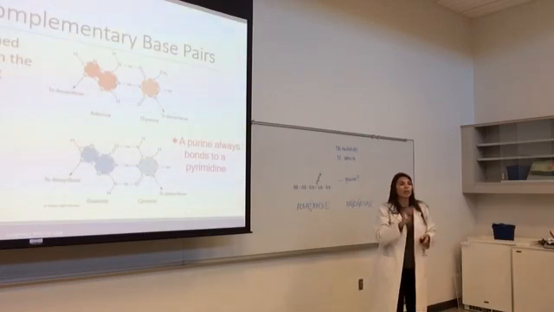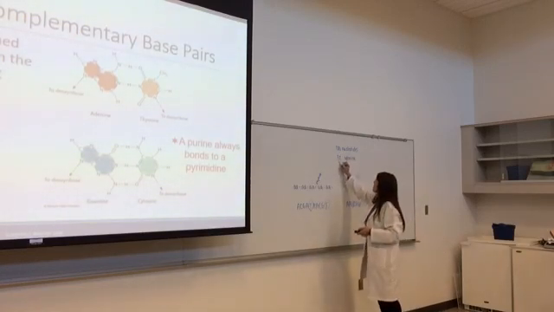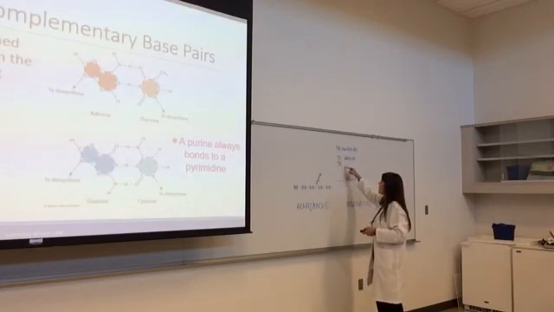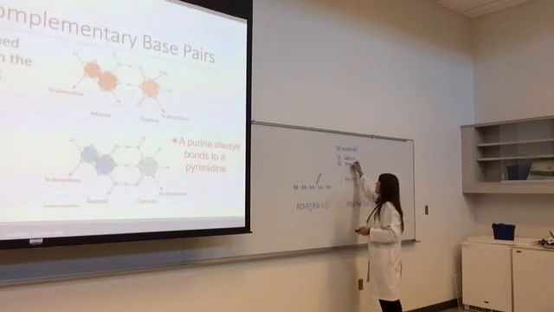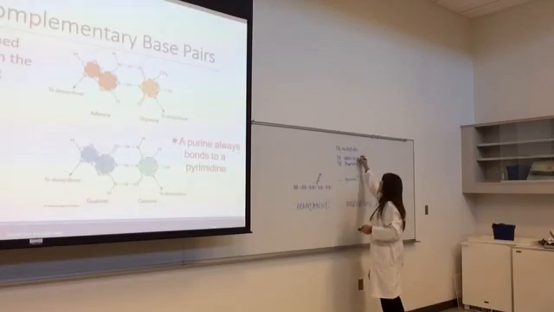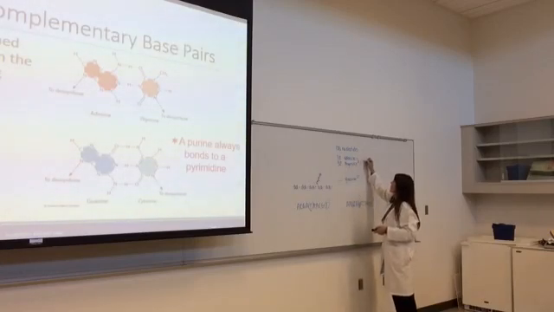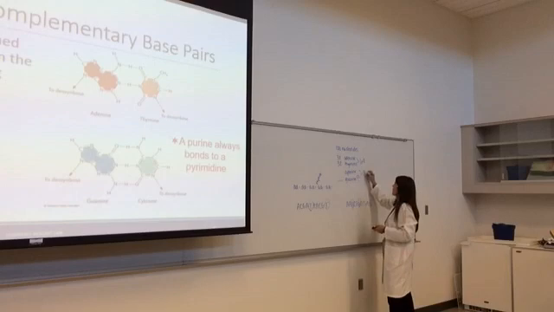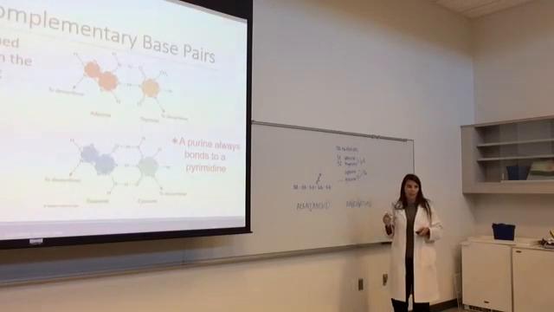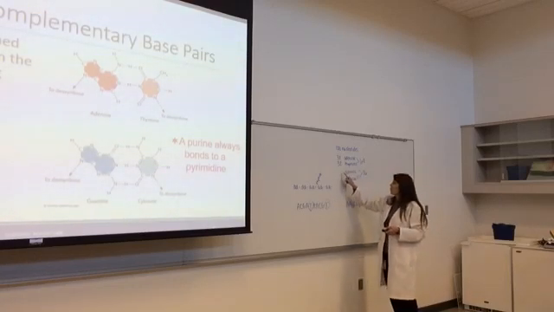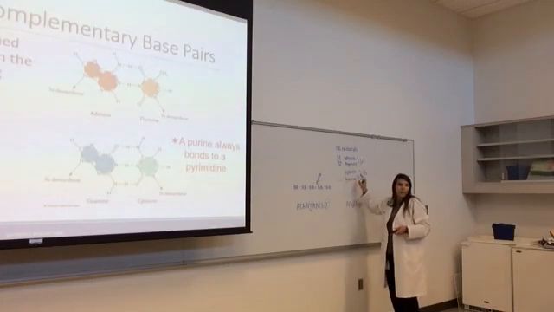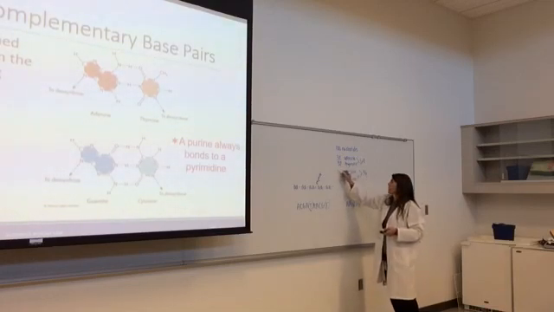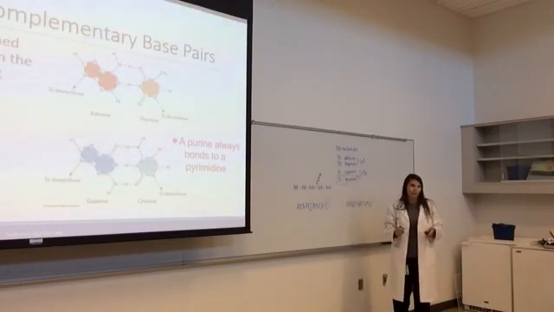I already have 32 T's, because whatever there is of A's, there has to be that many T's. So these two together make 64. That means these two have to collectively equal 36. I would divide 36 by 2 and get 18. So the answer would be 18 guanines.